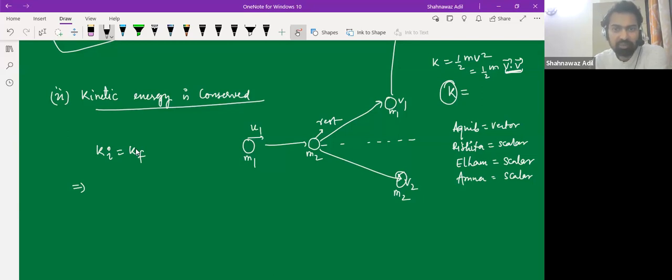Momentum was a vector quantity. That is why we wrote it in terms of i, j and all those things, right, everyone?